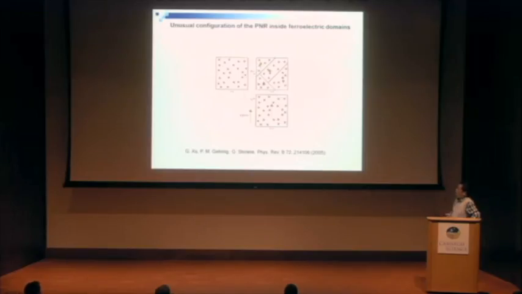But if we field cool in a 111 field, the ferroelectric domain along the 111 direction will become dominant, and it will enhance all 3 diffuse scatterings coming from the 110 type local polarization associated with this domain.